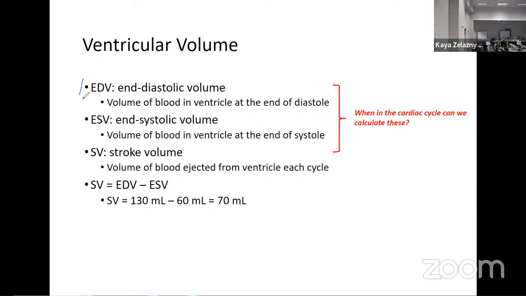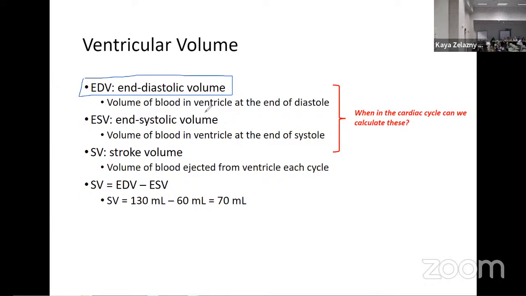The first one, our end diastolic volume, happens, as it says, at the end of diastole. Diastole is our relaxation phase, right? Heart filling with blood, swelling with blood, regaining the blood. So this is when we're going to have essentially the most volume of blood available in our ventricle.